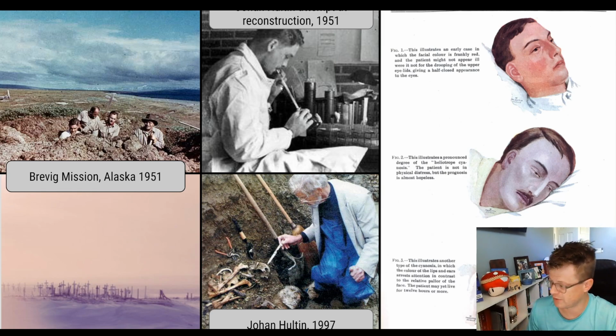So a little bit of backstory on this guy and why this is an interesting anecdote. He's a grad student in the 1950s, a really eccentric dude, which I'll explain in a little bit. He and a team of epidemiologists go out to Brevig Mission, Alaska, and you can Google Maps where this is. It's in really rural western Alaska.